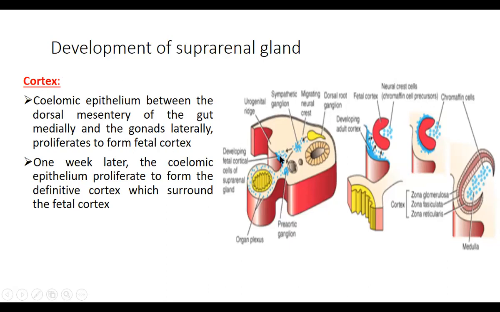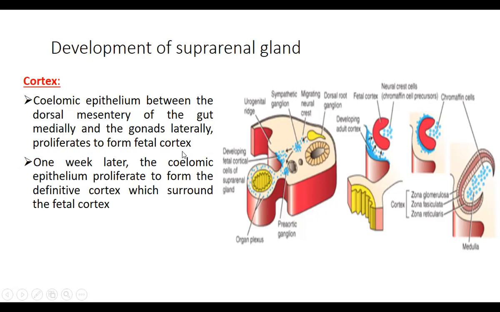Here is the fetal cortex developing, between the coelomic epithelium and the dorsal mesentery. Ventral mesentery means in the front; this is the dorsal mesentery. Initially they form the fetal cortex.